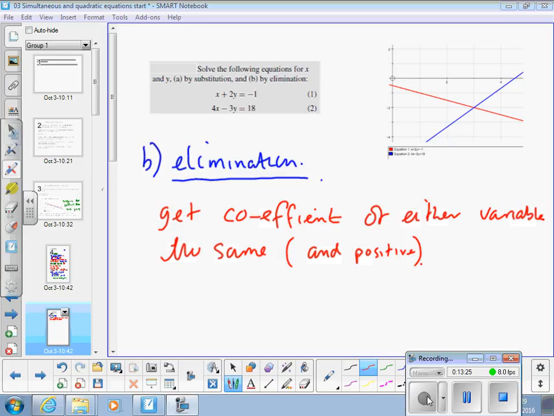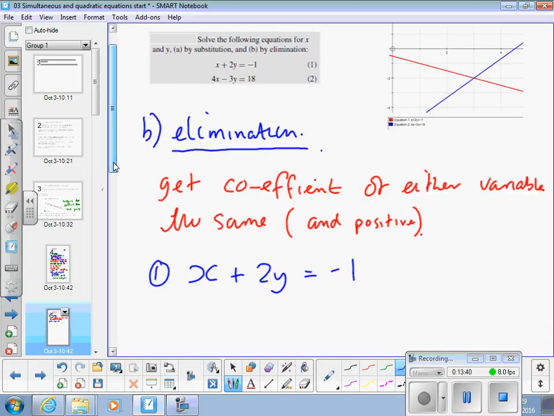So the idea here is, we've got these two equations. We've got x plus 2y equals minus 1. That's equation 1. And we've got equation 2, 4x minus 3y equals 18, equation 2.